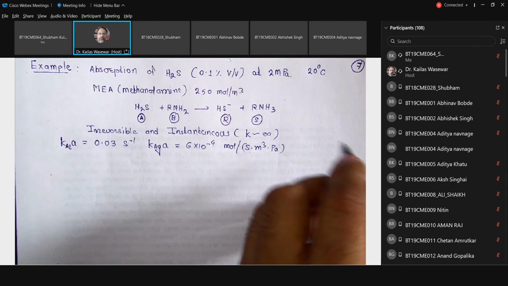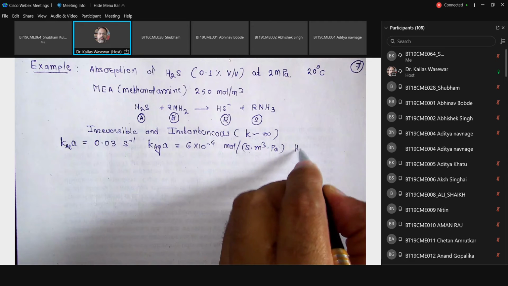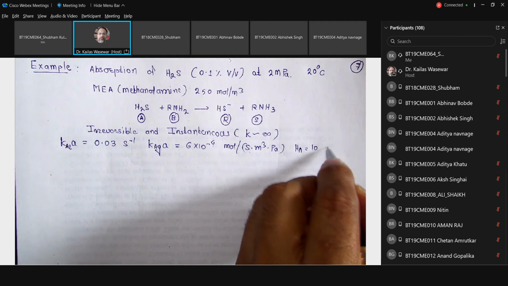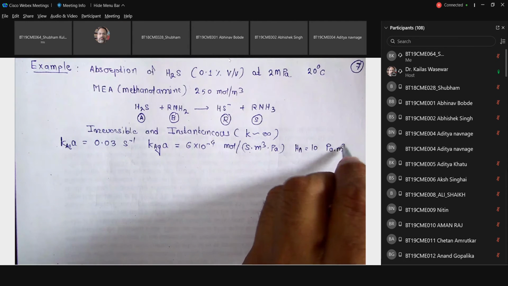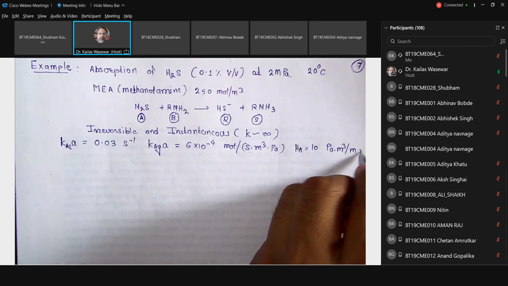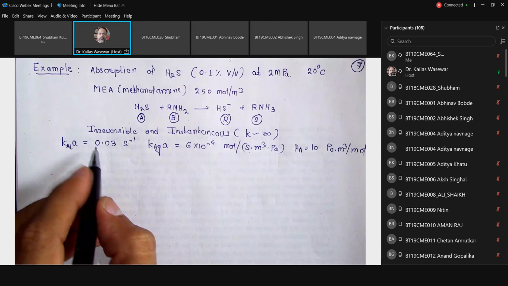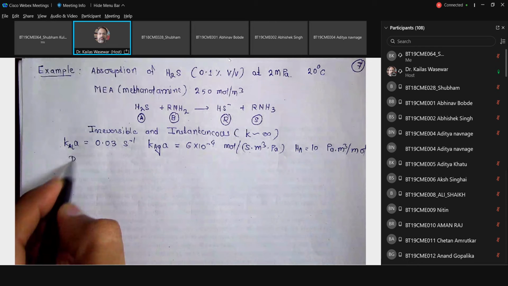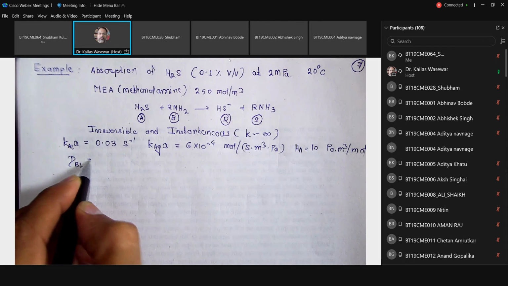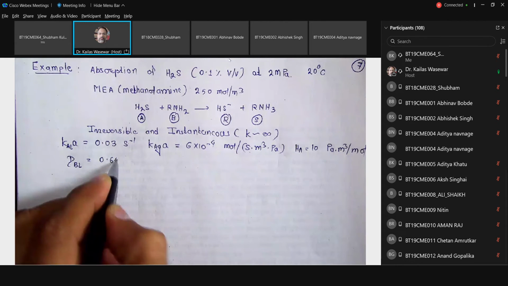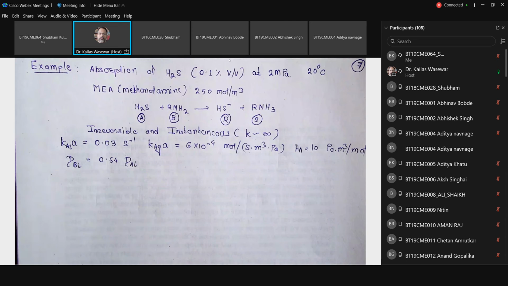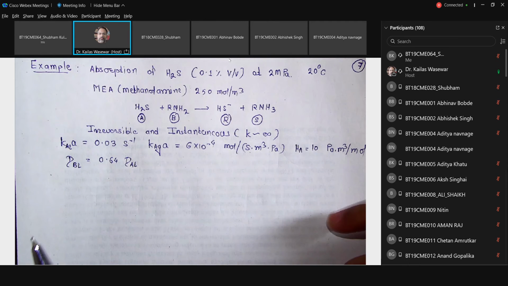The Hatta number 10 Pascal meter cube per mole. And then DBL is given as 0.64 DAL. So these other data is available, mass transfer data, the diffusivity and Henry's number is given.